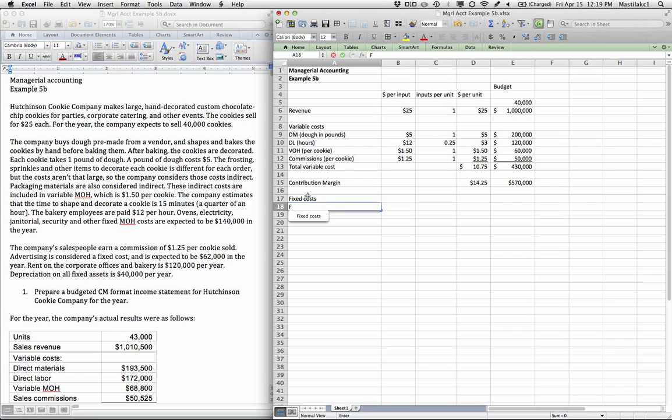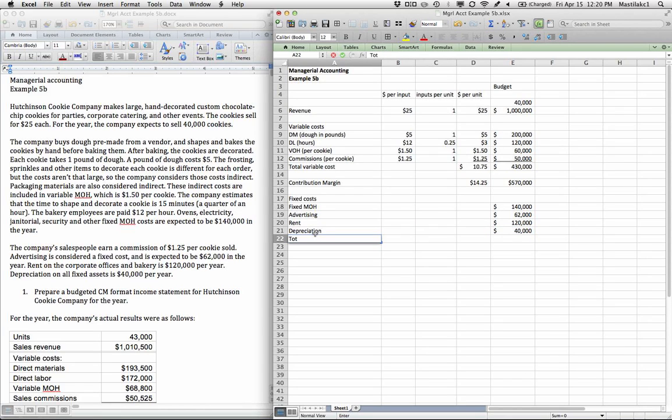Then we're told our fixed cost, we've got fixed manufacturing overhead of $140,000. What else do we have? Advertising of $62,000. We've got rent for $120,000 and depreciation of $40,000.